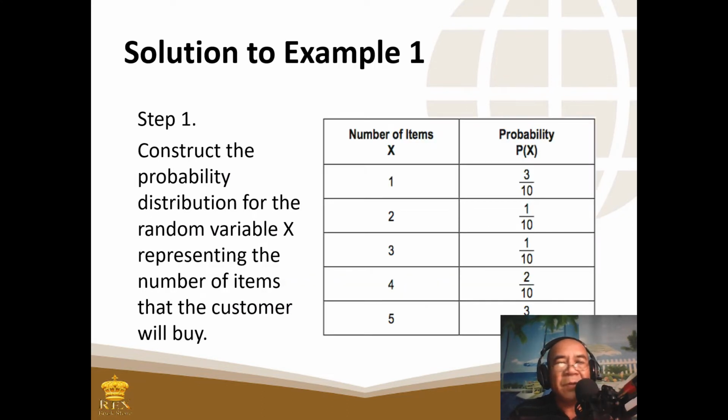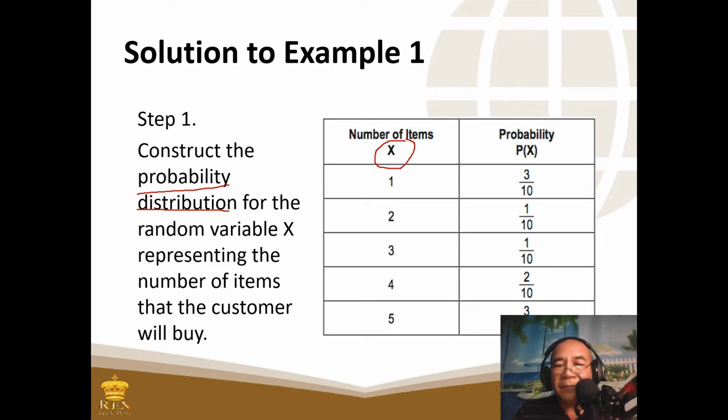So step number 1, you're going to construct the probability distribution. This table is called the probability distribution for the random variable x, representing the number of items that a customer will buy.